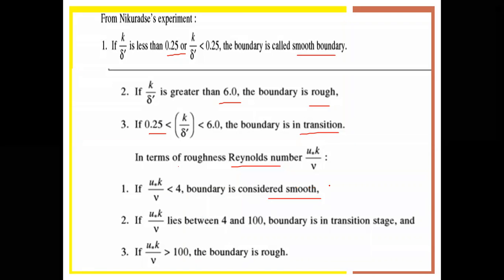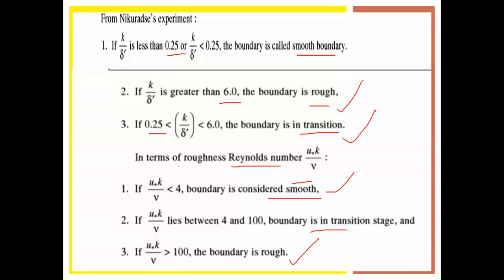Whenever you get any conclusion in the questions, if it is greater than 6 you call it a rough boundary. If the value you got is less, it is transition. If it is less than 4, you have to say it is smooth flow. If it is between 4 and 100, we have to say it is transition flow. If it is greater than 100, we have to say it is rough flow, right?